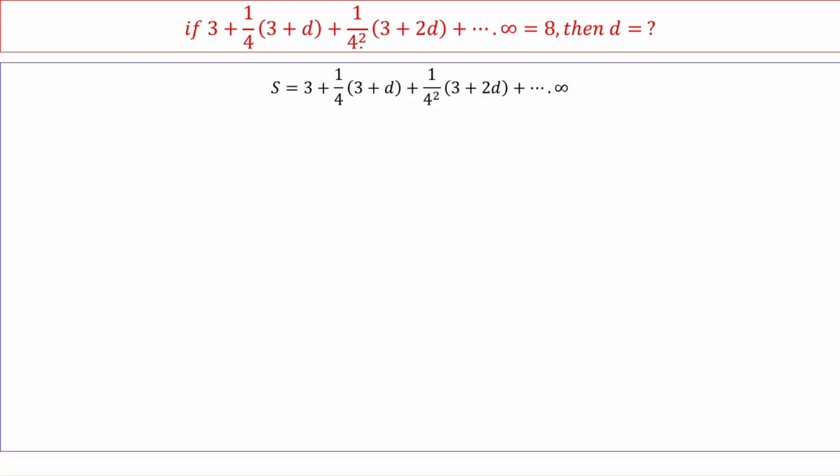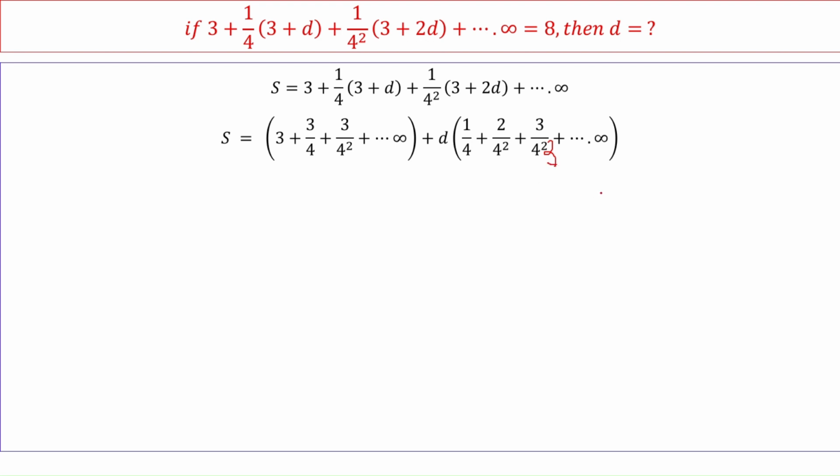So first thing is we need to find out the common term. What is the common term? The other way is basically you separate all the terms. So 3 plus 3 by 4 plus 3 by 4 square infinity, and then d terms. If I take d common, 1 by 4 plus 2 by 4 square plus 3 by 4 cube, plus infinite terms.